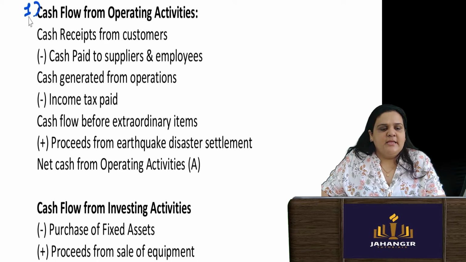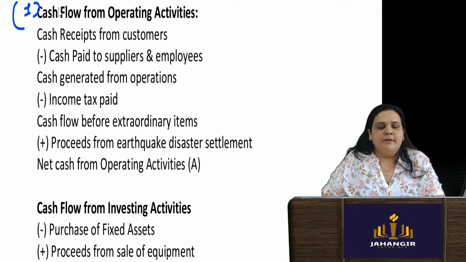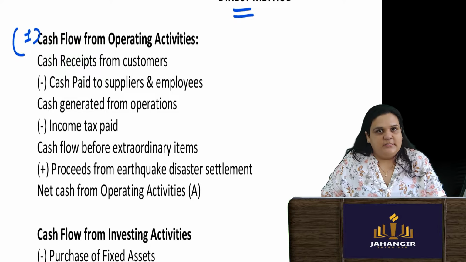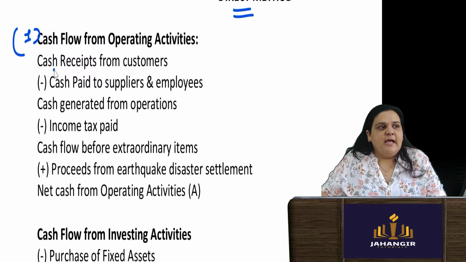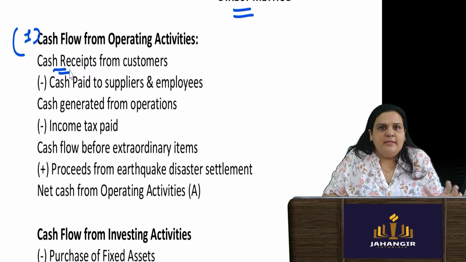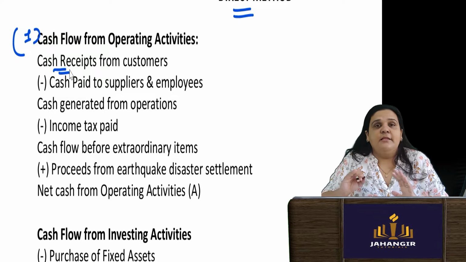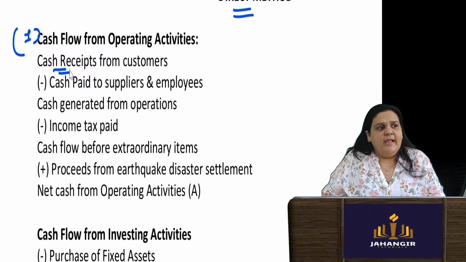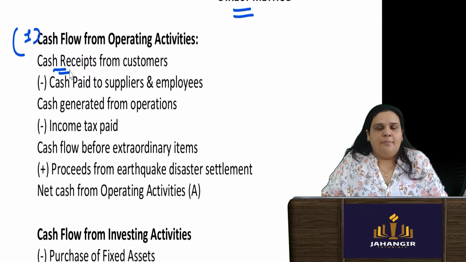So understand one thing first. I'm just taking you through the direct method because it is very simple. It is very easy to understand what all is happening in operations. When I'm talking about operations, obviously I must be receiving money from my customers. That is a cash inflow. Everything related to the operating activities and cash-related activities in operations.